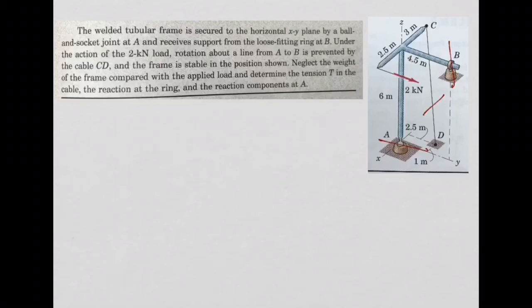And then if I do this, imagine you have a scissor, you are there cutting these connections, you can then isolate your frame, which we can represent here, something like this. Okay? And then look at this, because I did cut my cable CD here, right? So I need to replace my cable with this tension, T, on the cable, which has the direction of the cable, right?